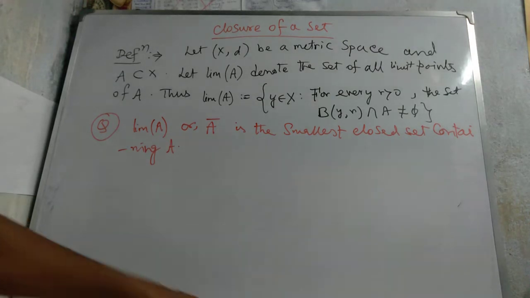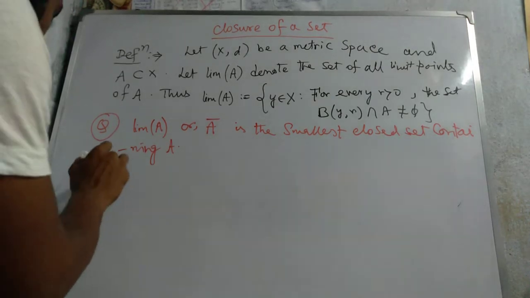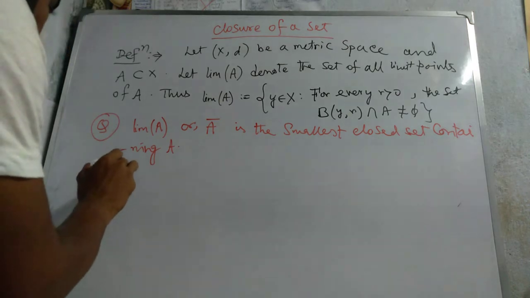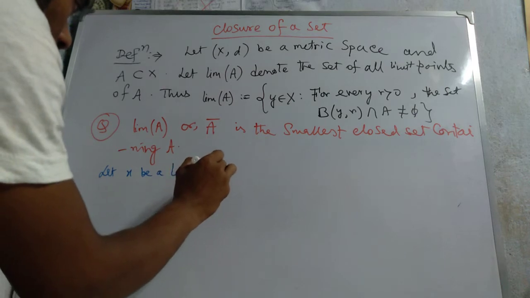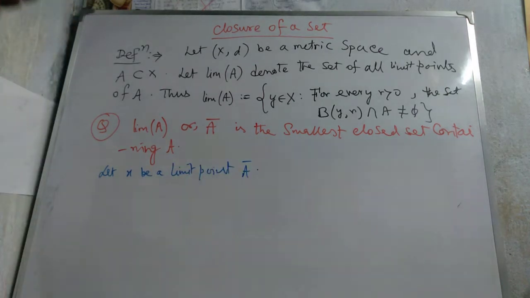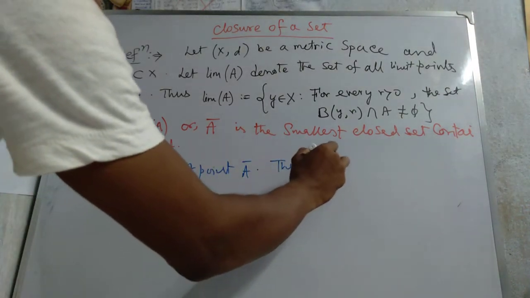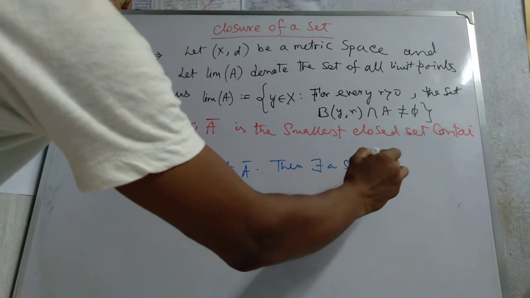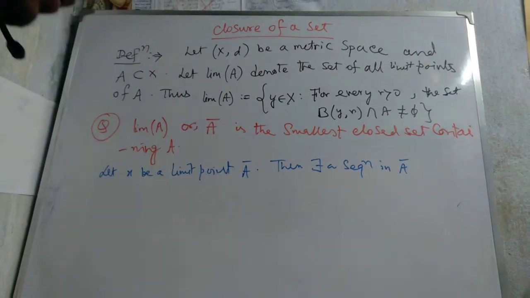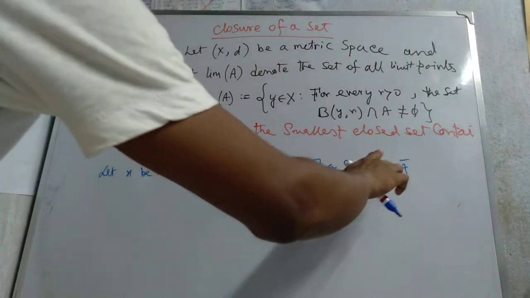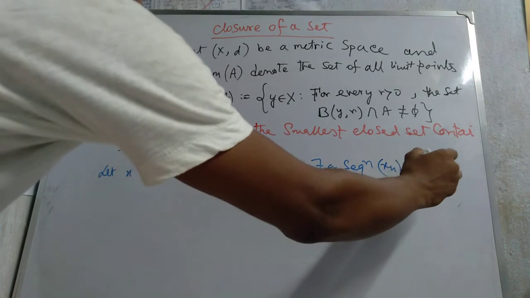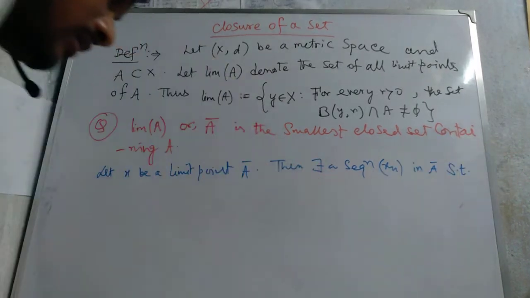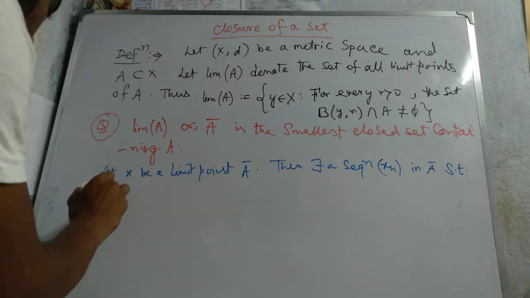Let x be a limit point of A closure. Then there exists a sequence xn in A closure such that xn tends to x.